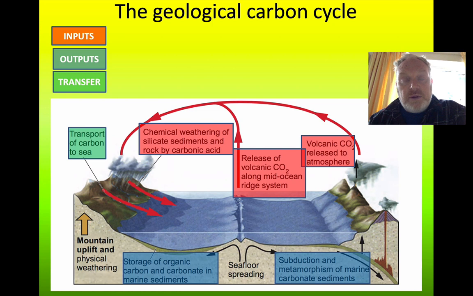Transfers, the carbon will clearly move around in the atmosphere, but also dissolved in water as it runs into the sea. And really, on this scale, for the atmosphere, we're not really talking much in the way of stores, other than the atmosphere itself.